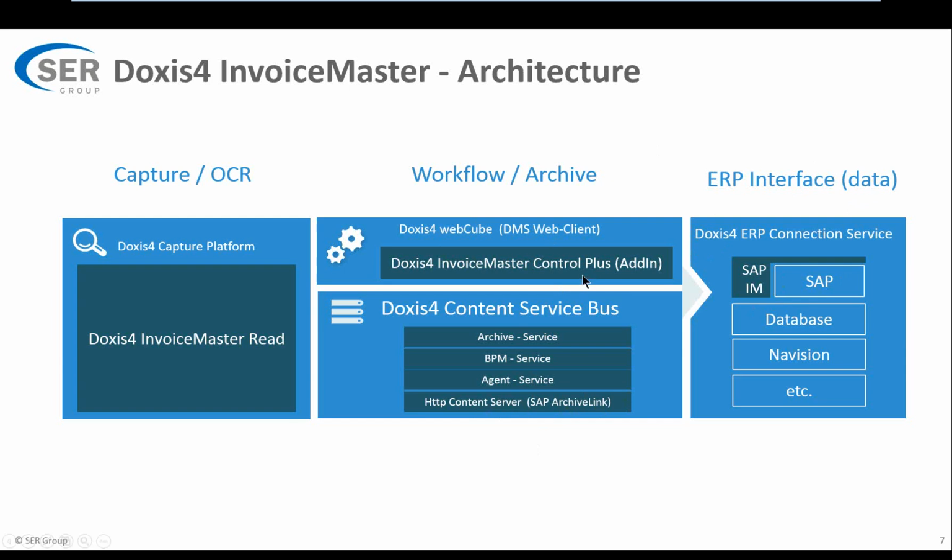So the invoice master control uses the function within the Doxis4 ERP connection service for getting information from the ERP system like SAP, like Navision, like any other ERP system, as you can see here. In a special case of SAP, we have some sort of SAP package. This is a transport package with function modules used in SAP.